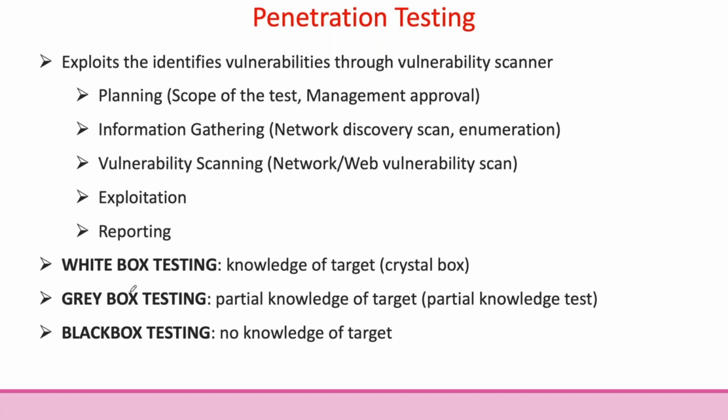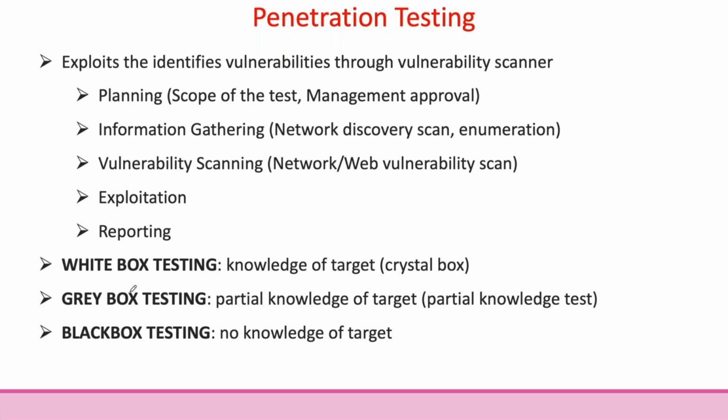So for penetration test, you gather the information, you decide the scope, you do the vulnerability scan, and then do the exploitation. Normally the penetration testing is done in a few ways. You have white box testing where the full knowledge of the target is given to the penetration tester. It is also called crystal box testing.